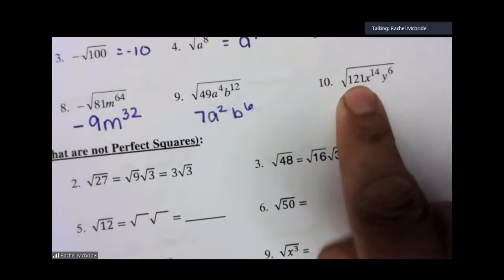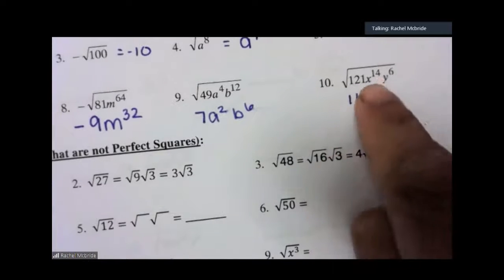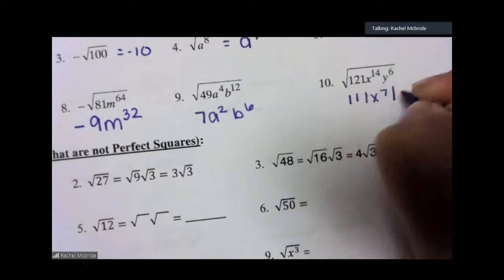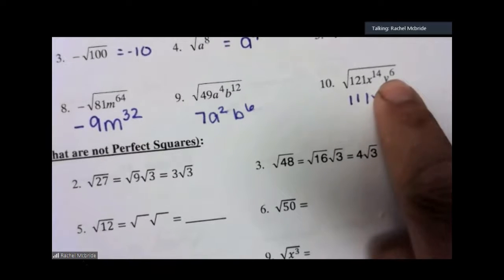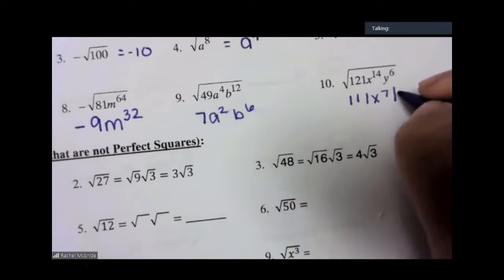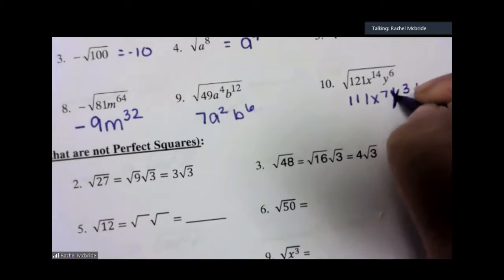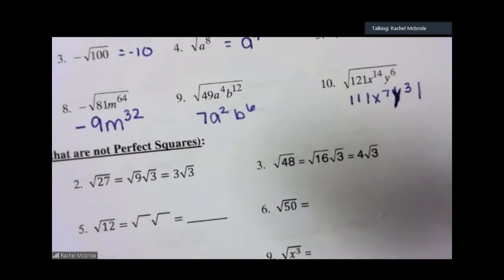Okay, 121. X to the 14. Awesome. Y to the 6. It also needs absolute values, so you can either put it in with the X, or you could have 2 sets of them, but 3 is odd, so also needs absolute values. I am odd.